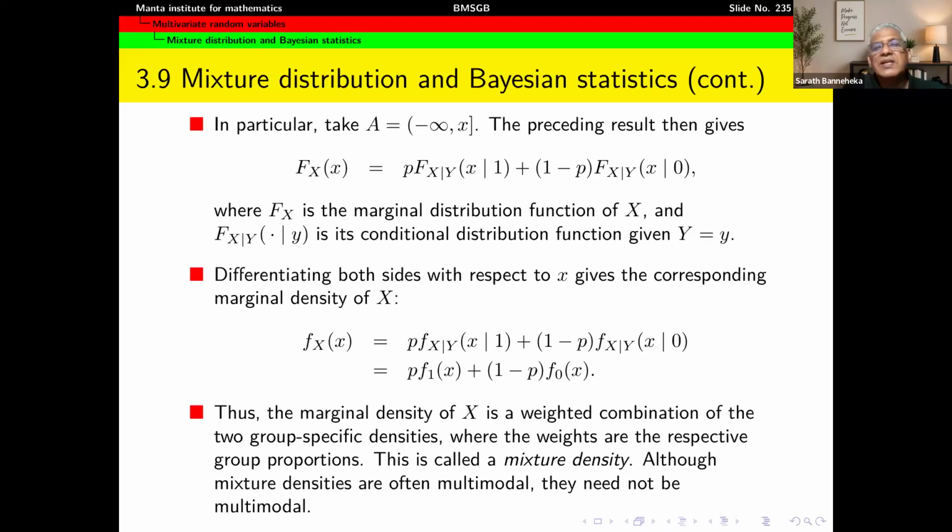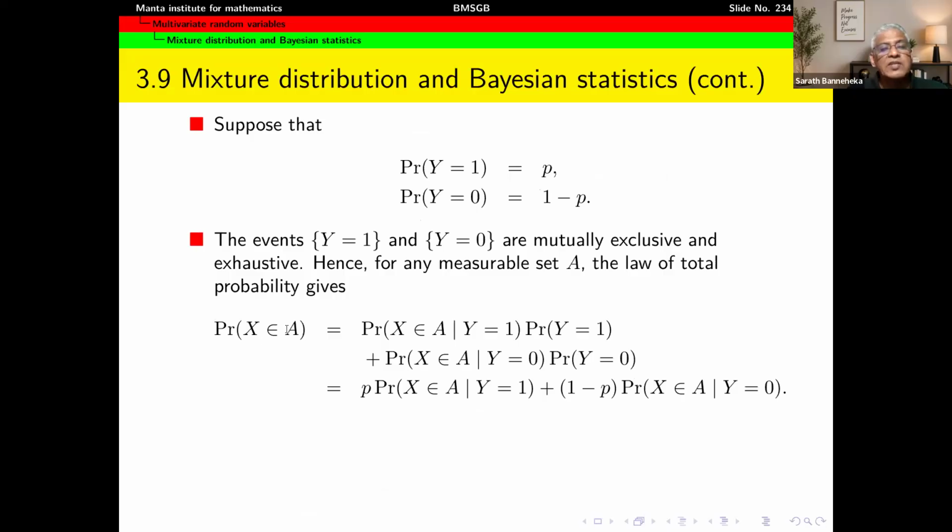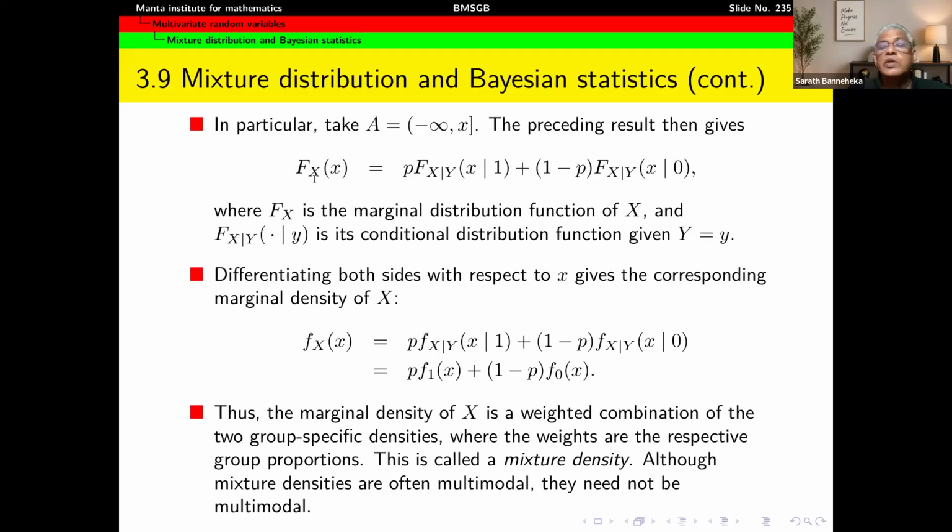Now let us consider a particular A, where A is the subset of the real line from minus infinity to some value small x. In that case, the probability X belongs to A means the probability X is less than or equal to small x. So that is equal to the cumulative distribution function of X evaluated at small x.